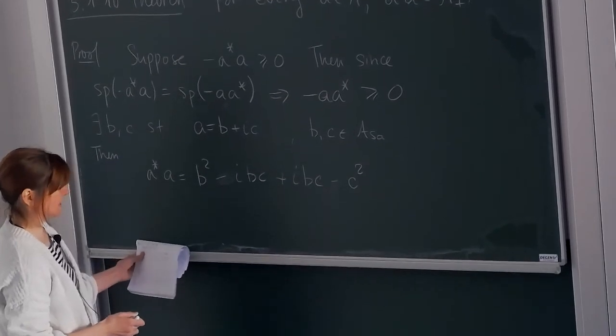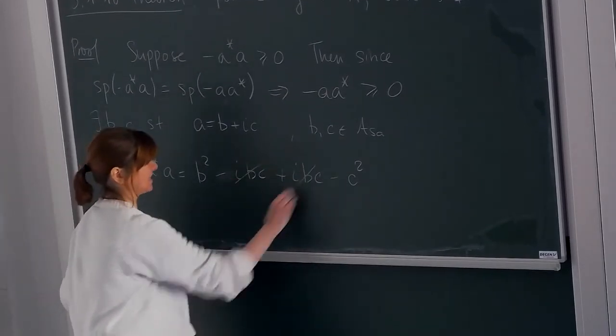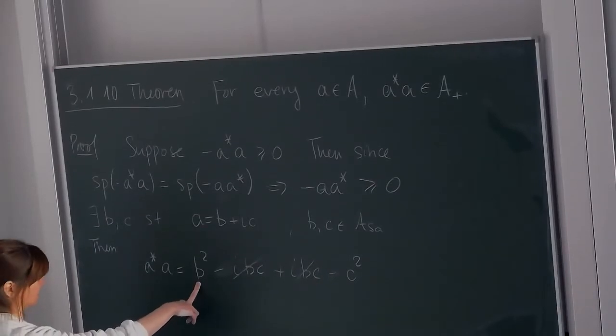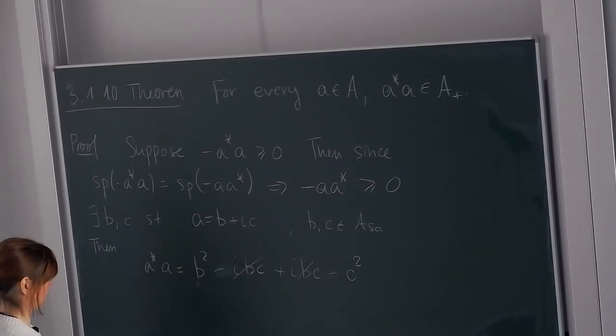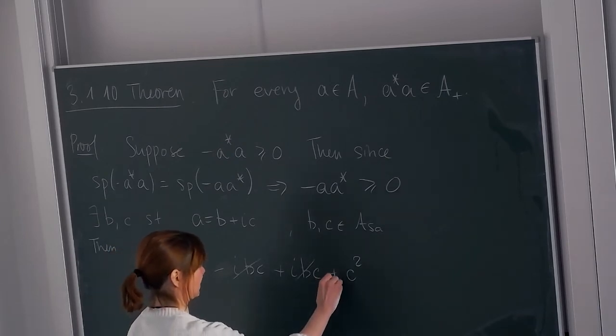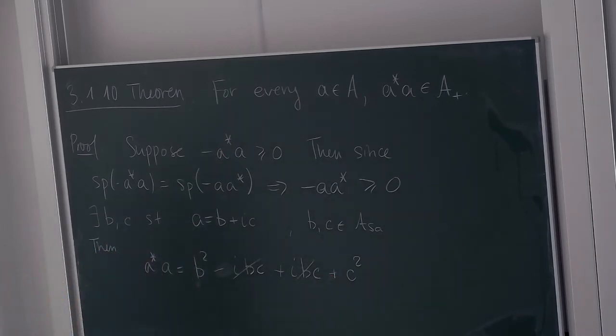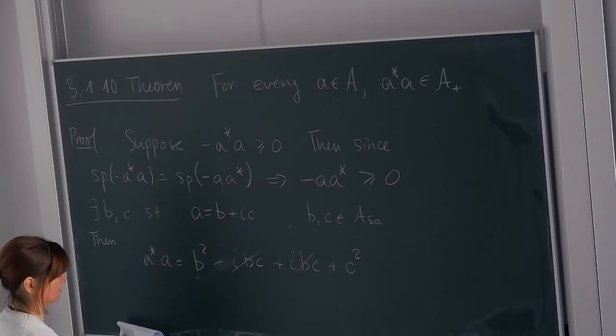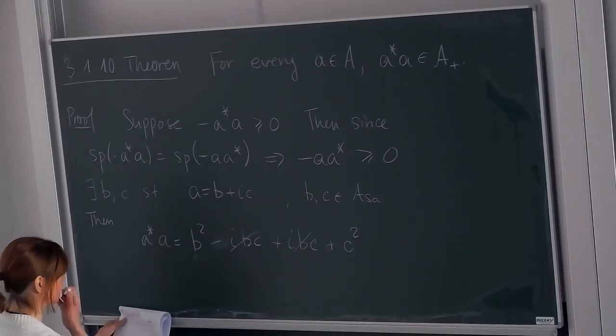Okay, so what does this tell us? Well, these guys obviously cancel, and we already saw that, wait, why do I have a minus? Do I want to have a minus? I should have a plus. Yes, sorry. Okay, fine. So what does this tell us?